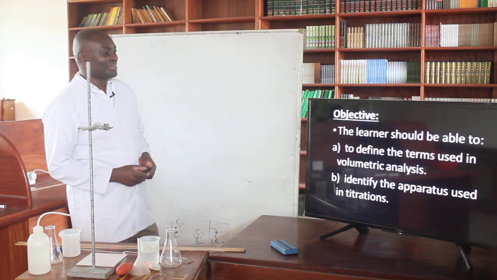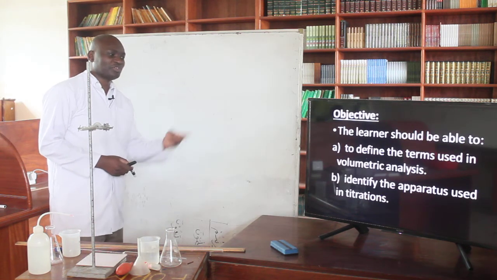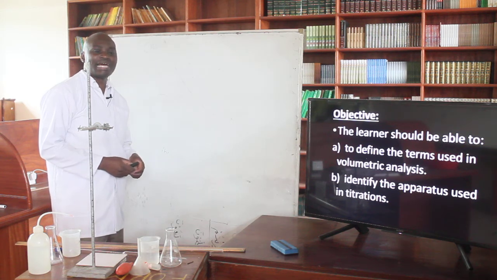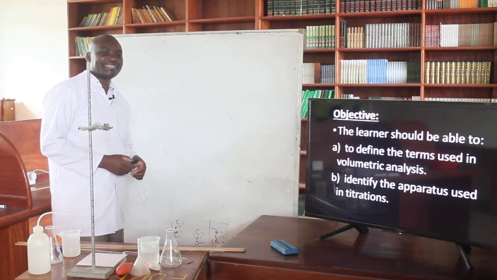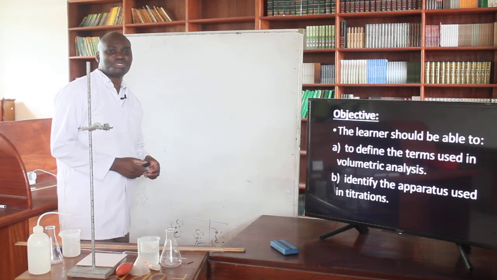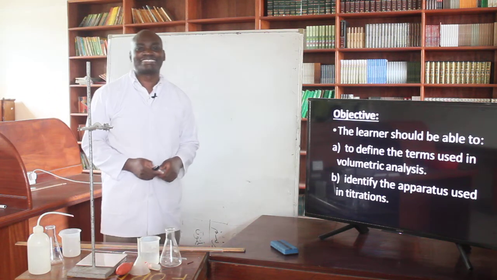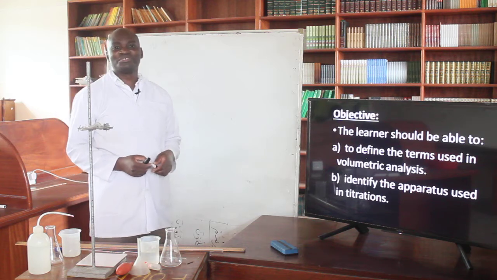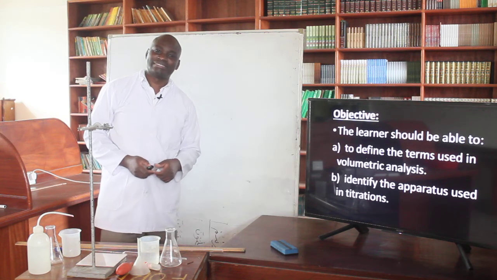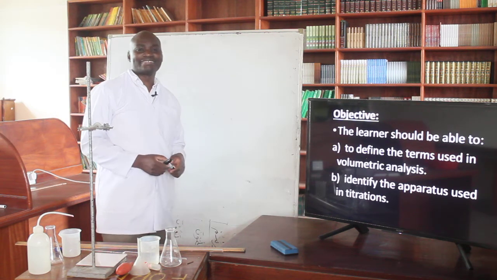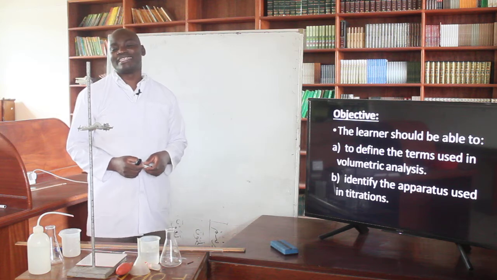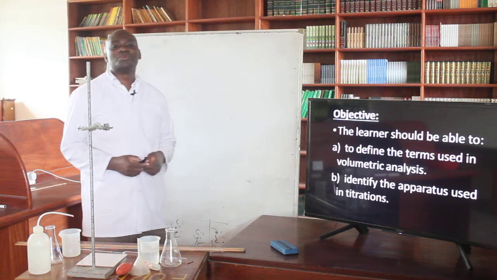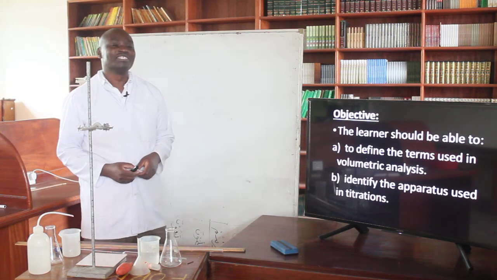Now, the objective of our learning today, we are going to achieve two things. One, at the end of this class, you should be able to define the terms used in volumetric analysis. Two, you should be able to identify the apparatus used in the titration process, or in the quantitative analysis.